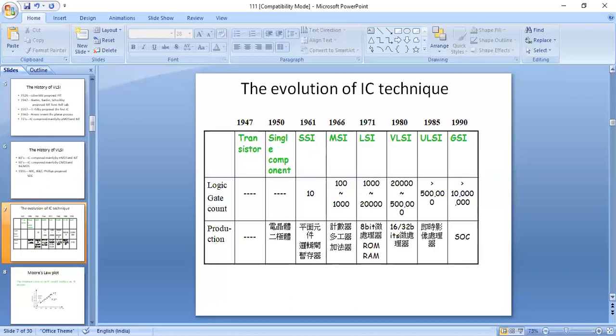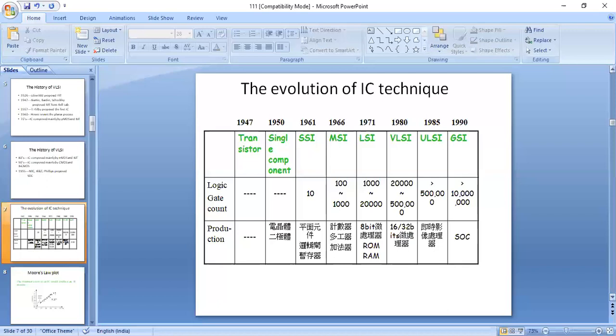When we are talking about very high speed circuits, we usually use BJT, bipolar junction transistor. When we talk about very high packing density, we talk about MOSFET.